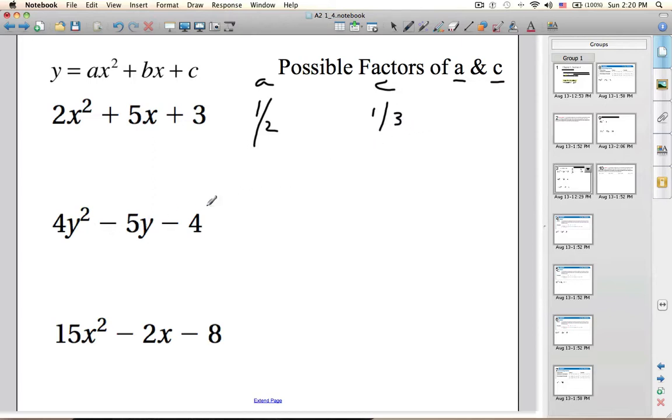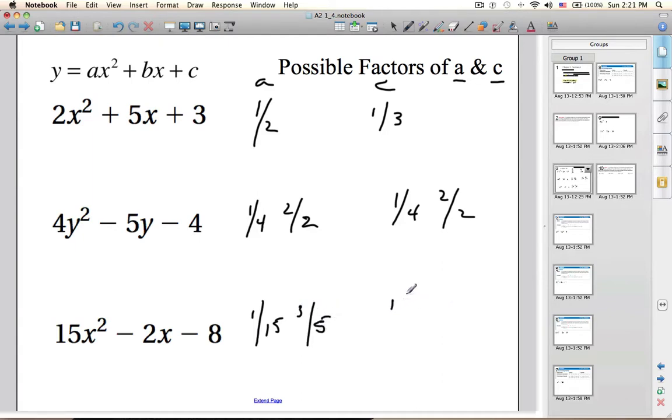Here we've got 4 and 4, so I could have 1 and 4 or 2 and 2 for my leading coefficient, and the same, because it's the same number, for my constant. A little more options here: 1 and 15, 3 and 5. We could have 1 and 8, 2 and 4 for 8.